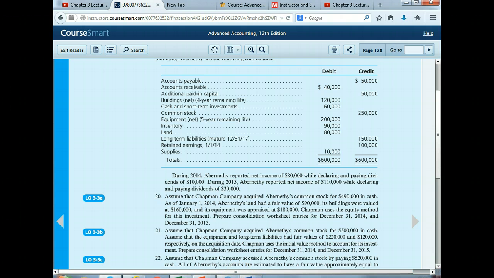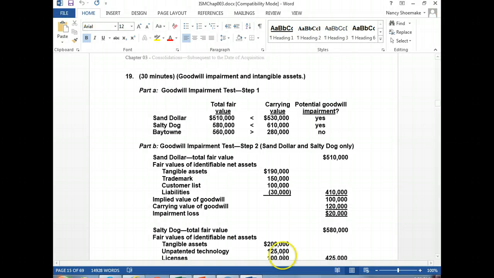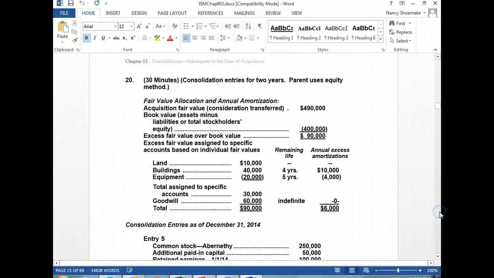So the first thing we are going to do is look at the $490,000. Then we're going to take our book value of the assets.